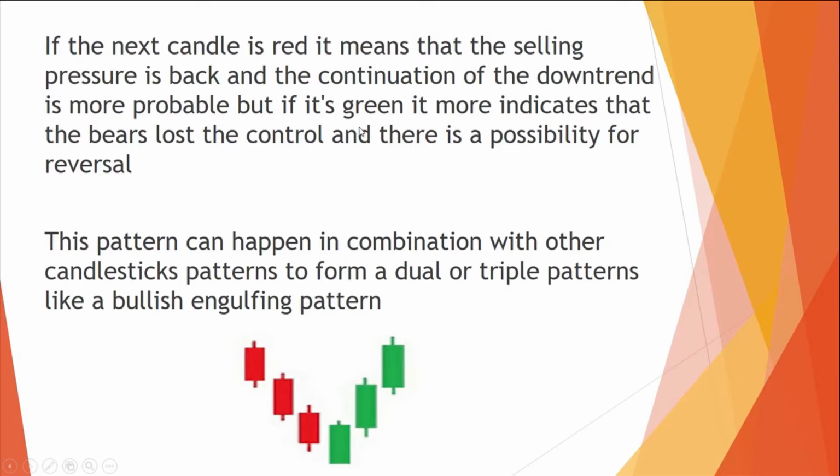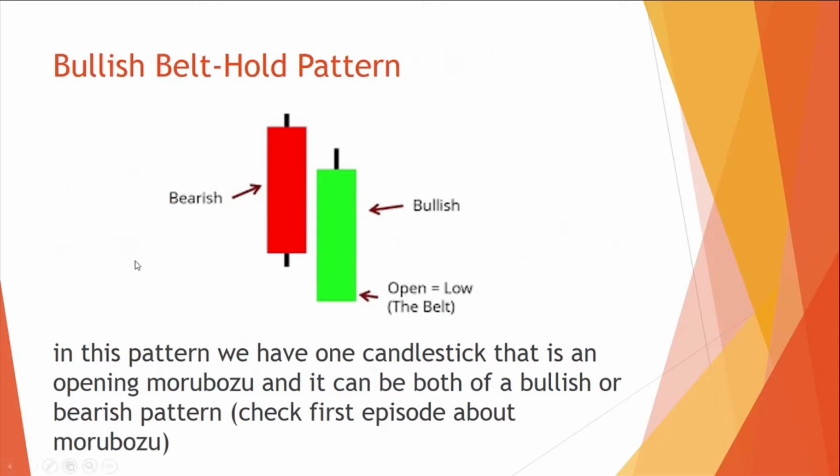But if it's green, it indicates that the bears lost control and there is a possibility of a reversal. So if this one were red, then it would still go down. But because of this green candlestick, we're now seeing that there is a reversal of the trend.